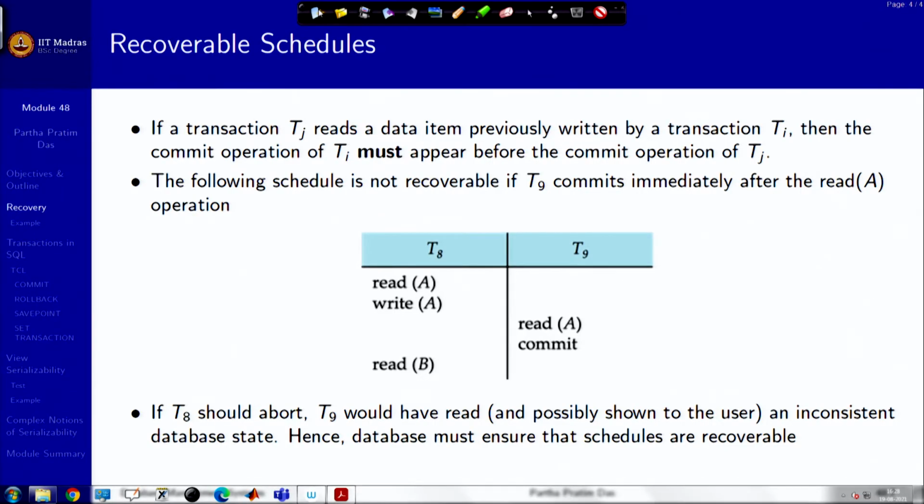For example, this schedule is not recoverable.